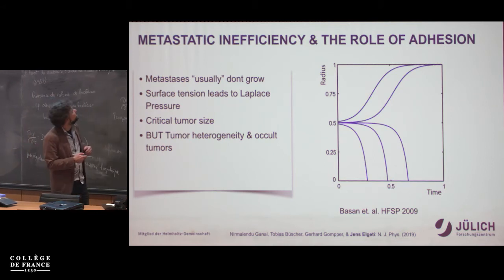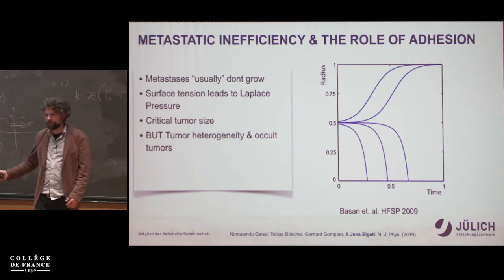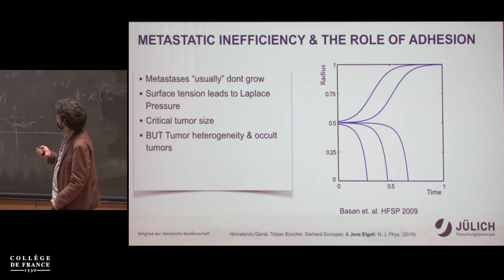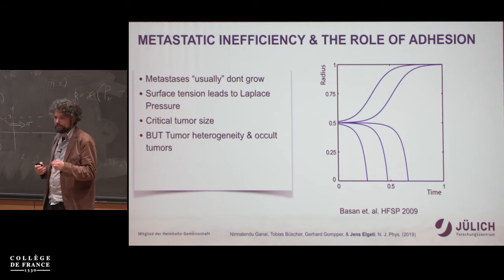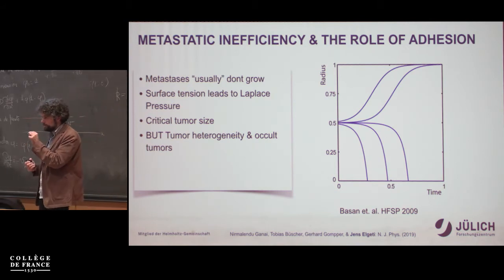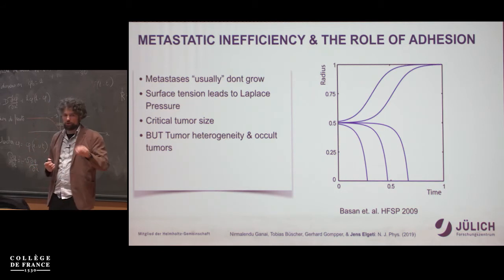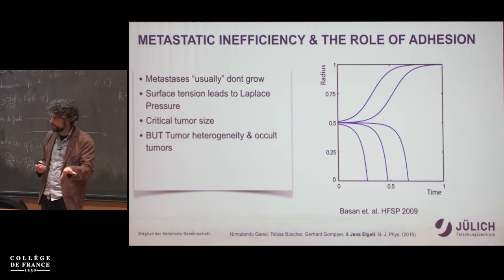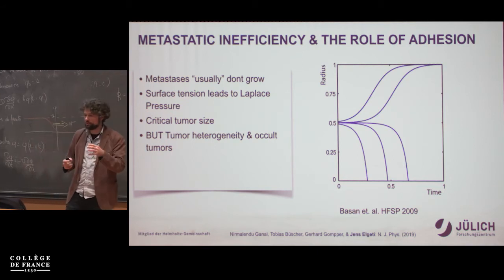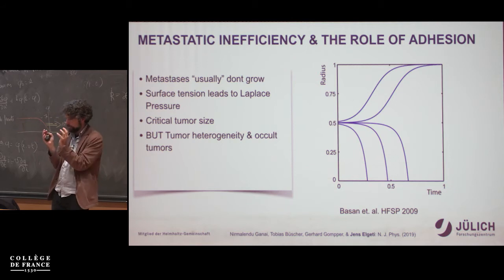For example, here, Thomas Riesler, Jean-François, and Marcus Bazin, they looked at metastatic inefficiency. That's the effect that when cancer cells enter the future host, they usually don't grow into a metastasis. They just die off. And the argument is that if they don't adhere well to their neighbors, there is surface tension.